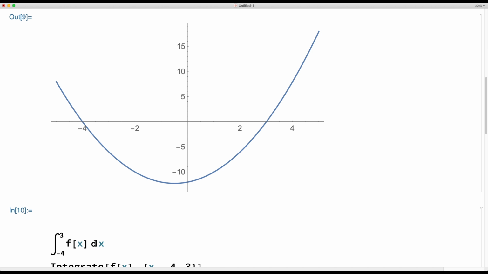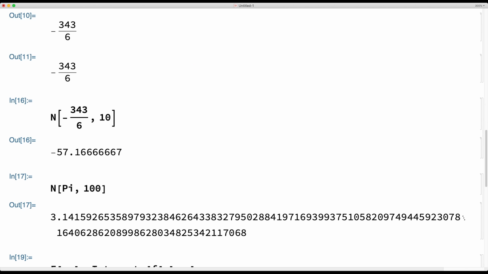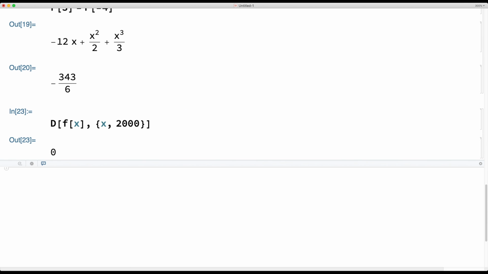Is that cool? So what I can do is say solve D of f of x equals 0, or sorry, let me build this up slightly. The derivative of f with respect to x is this. That's a function.